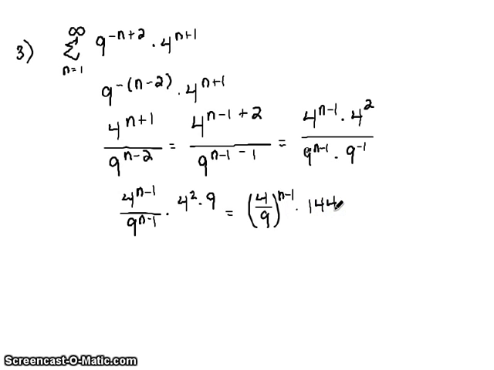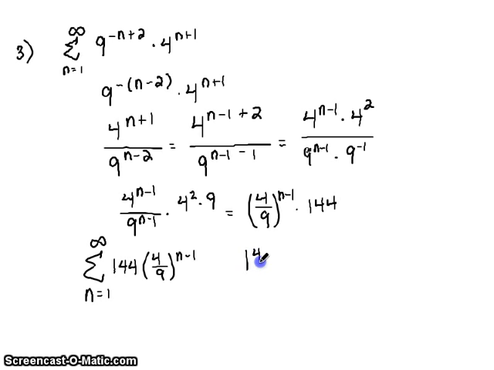So we can now rewrite this whole thing, our sigma notation, as the sum from n equals 1 to infinity of 144 times 4 over 9 to the n minus 1 power. We now match what we needed. We have that n minus 1 power.